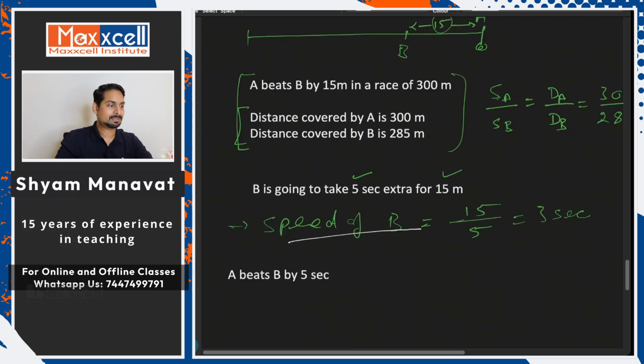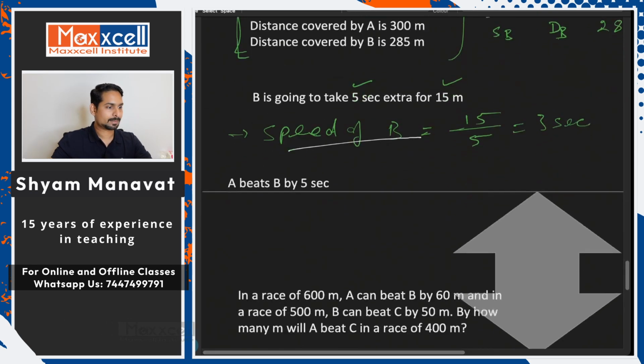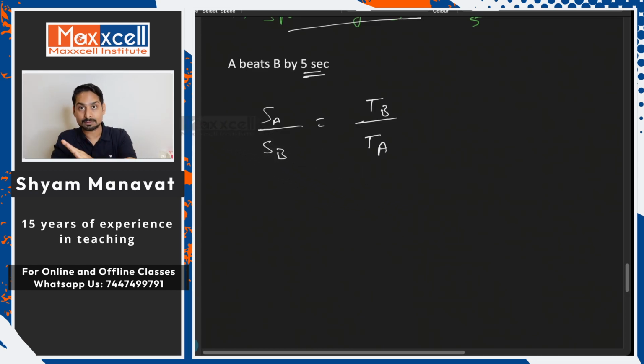In that case I will say speed of A by speed of B equals time of B by time of A, inversely proportional. A beats B by some time, then distance is constant. Remember, we have discussed this in this same lecture, right?